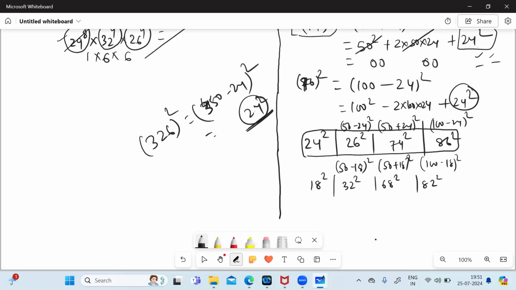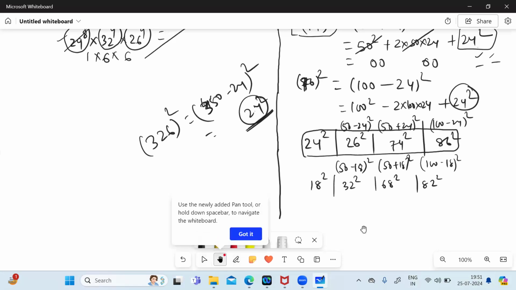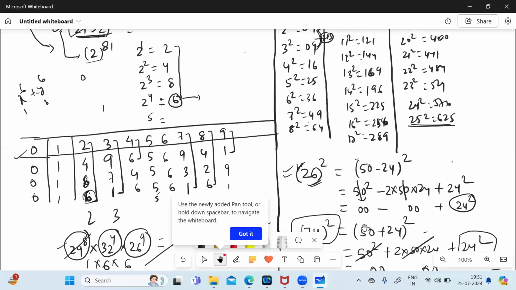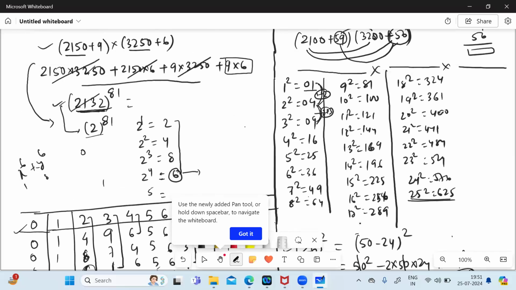The square of every natural number will have its last two digits from this set only, which I have drawn in the table above. No natural number will have any square which doesn't have last two digits from this set.